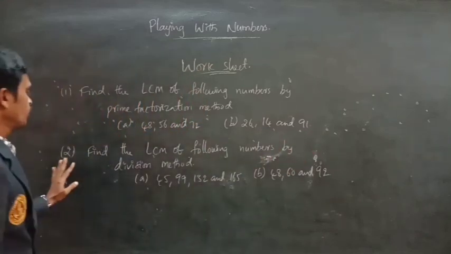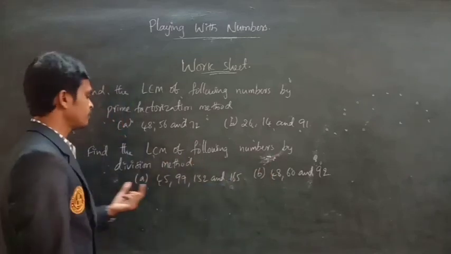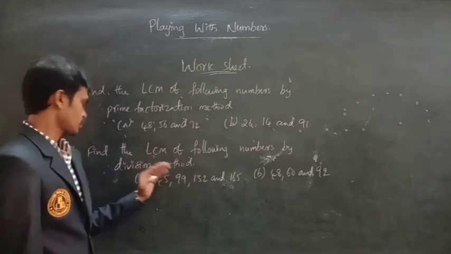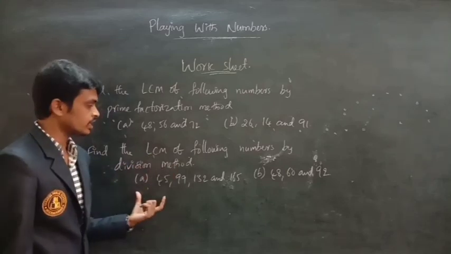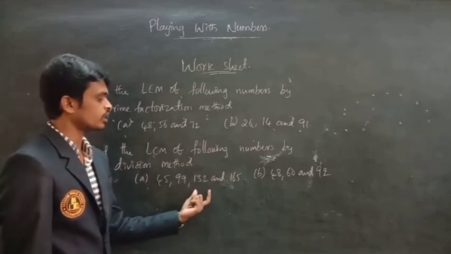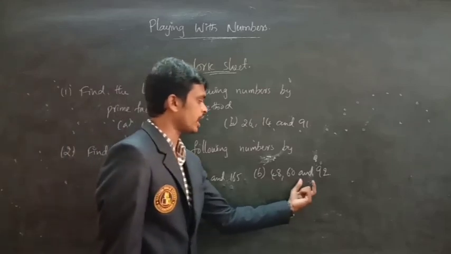And second, find the LCM of the following numbers by the division method. In this also two problems are given: first problem 45, 99, 132 and 165, and second problem 48, 60 and 92.